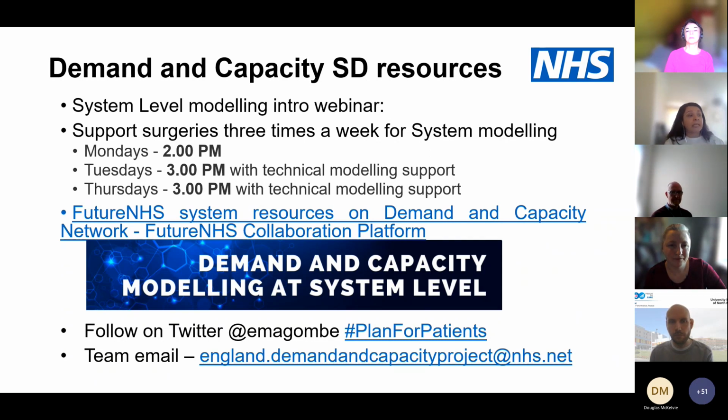with any project. We have created a section in the Future NHS network about system level modeling in particular. We have something about systems thinking, which we believe is the foundation and where we would like people to start from on this journey. We know that it is a significant shift in the mindset we have in the NHS.